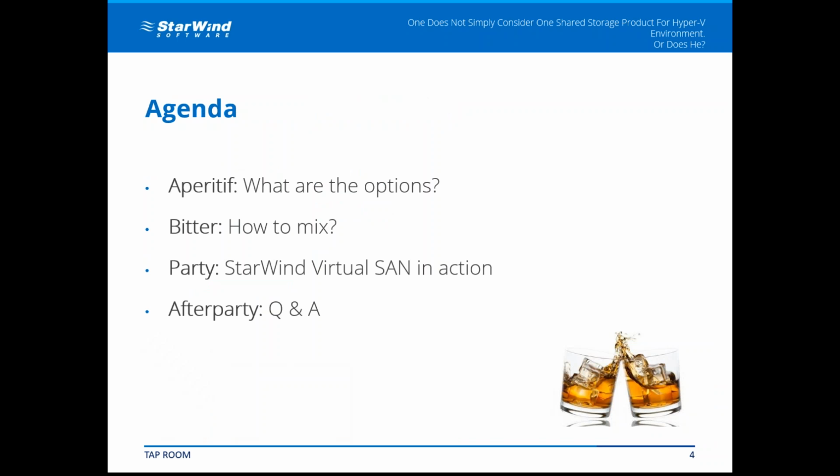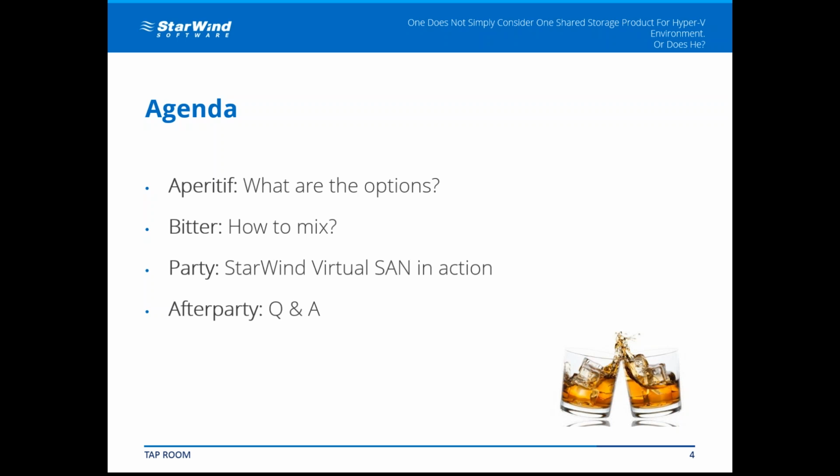Just a quick review of the agenda for today's session. For the aperitif, we will review the main options for shared storage solutions for Hyper-V environments, and that statistic is built on some quizzes, let's say, of trusted sources.